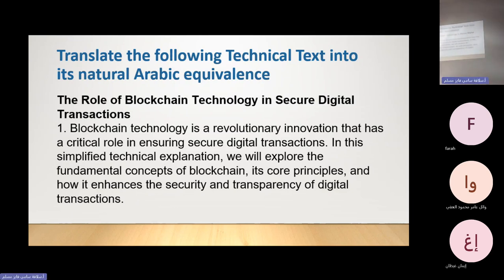There's no problem with the whole text. If you translate the whole text, you will understand how to translate this word. Okay?